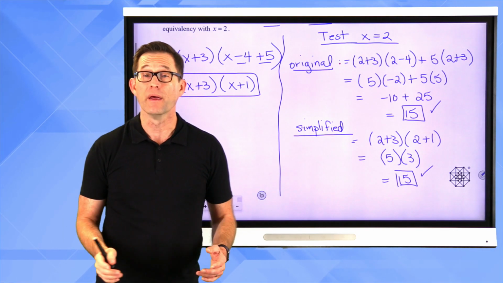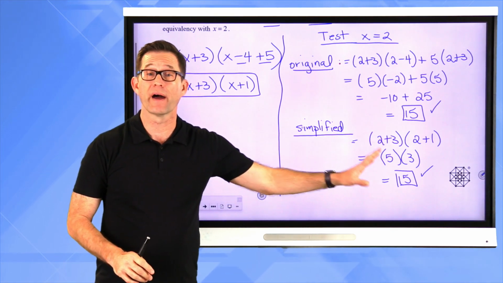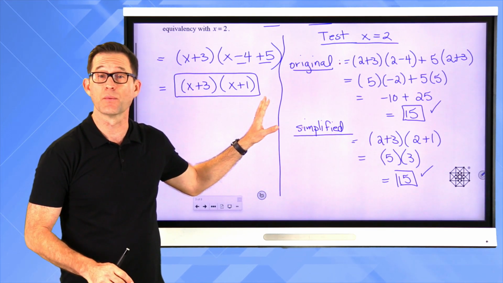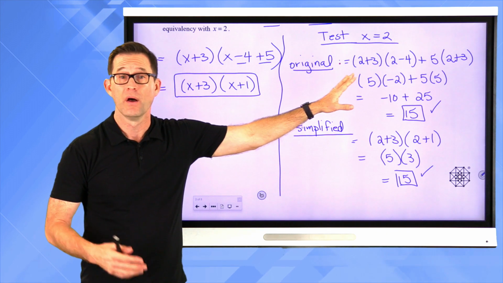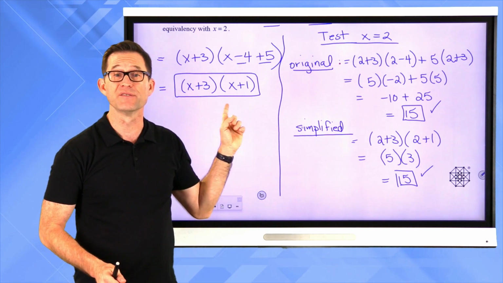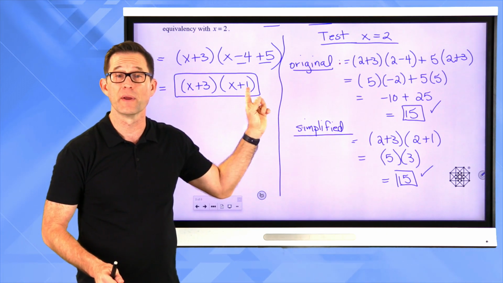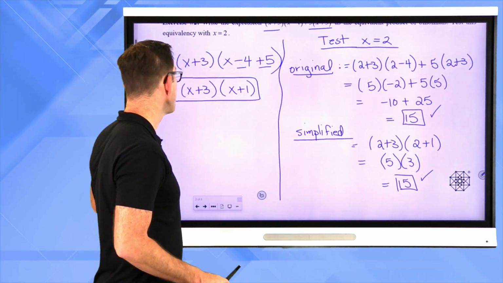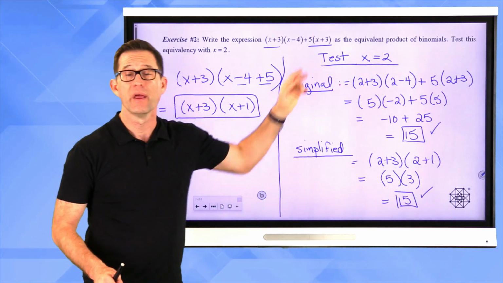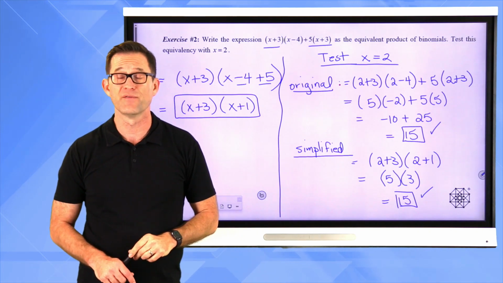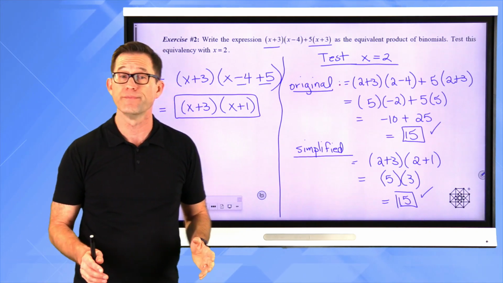And by the way, look at how much quicker it was to evaluate this particular expression at x equals 2 than it was the original. Additionally, you can easily identify the zeros of this expression, negative 3 and negative 1, whereas thinking about what the zeros of this expression are is far more difficult. In fact, there is no real easy way to do it.